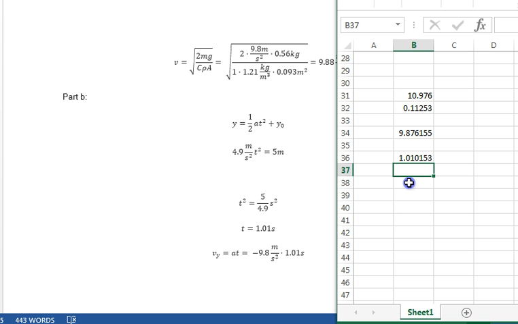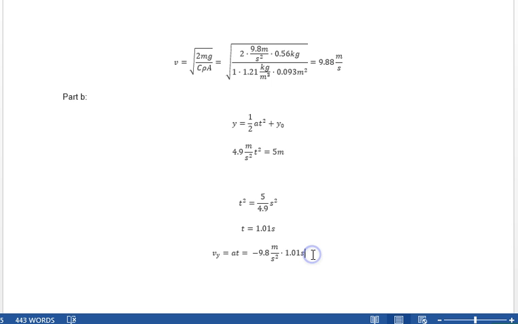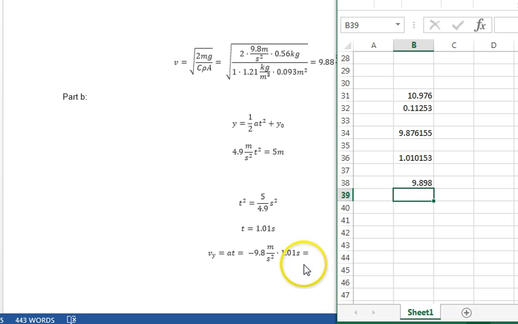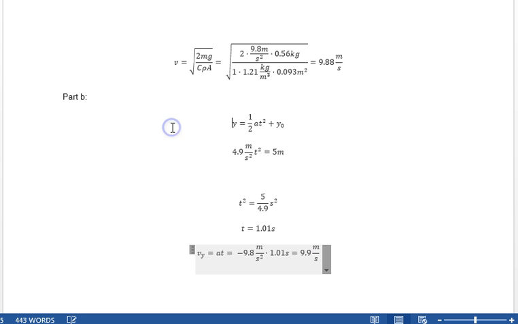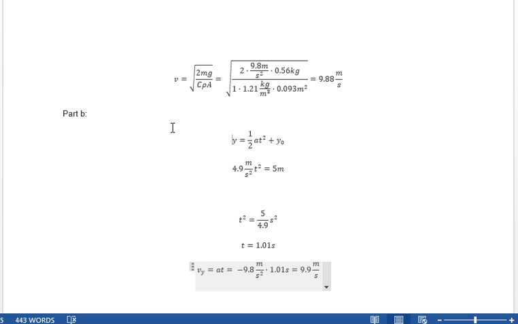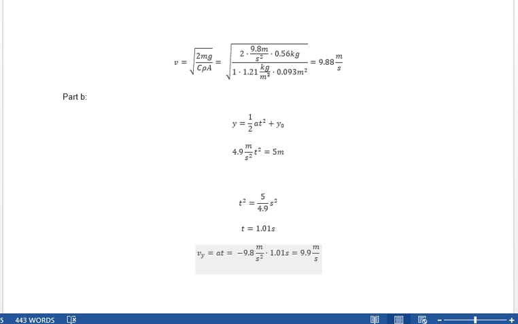So 9.8 times 1.01, we get a velocity here of roughly the same, 9.9 meters per second. All right. Okay, that's it for that problem.